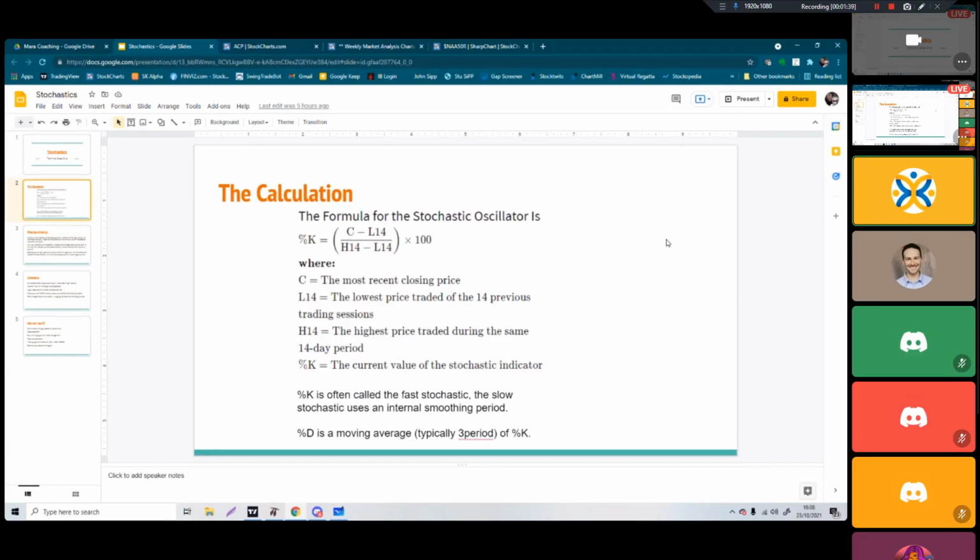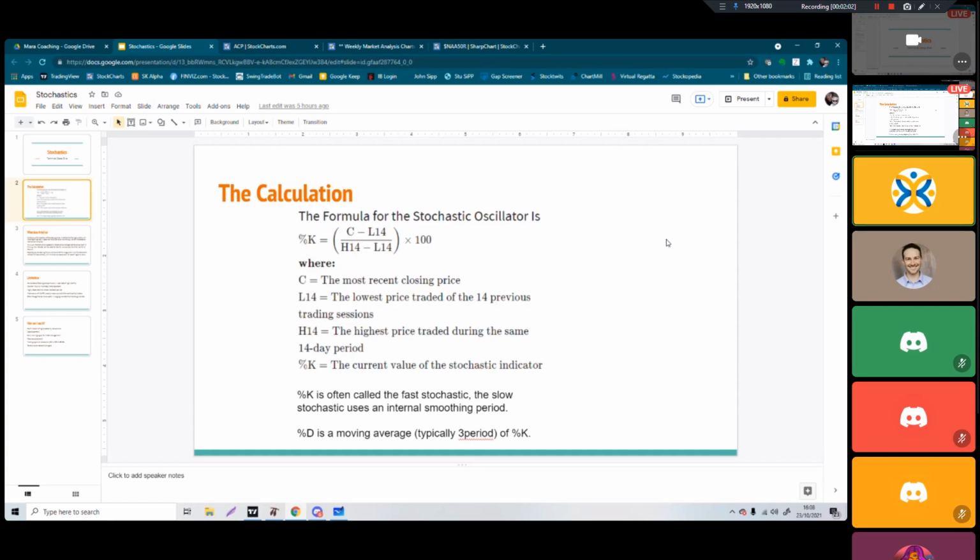It's an oscillator along the lines of RSI and those sort of things. In fact, RSI is kind of its cousin, if you like, and it's made up of two things. This is where it starts to sound complicated, but genuinely it's not, and I'll do a kind of drawn example for you. But there's two lines.